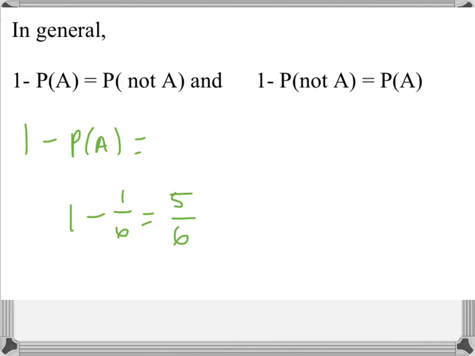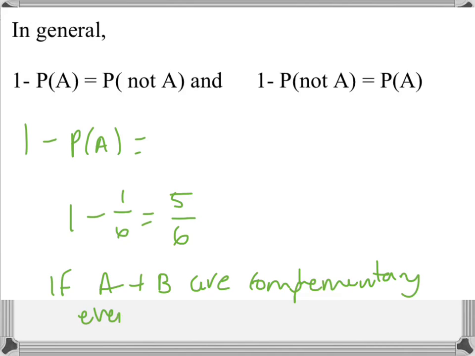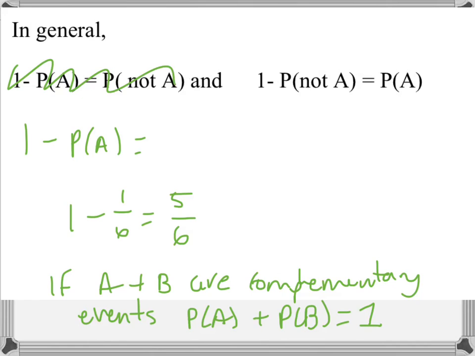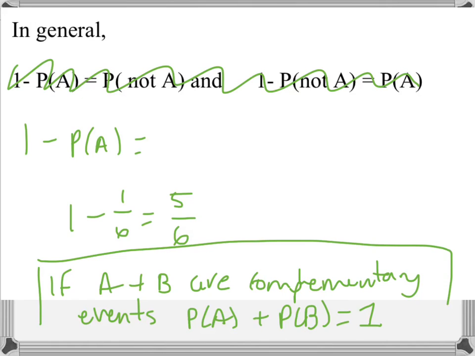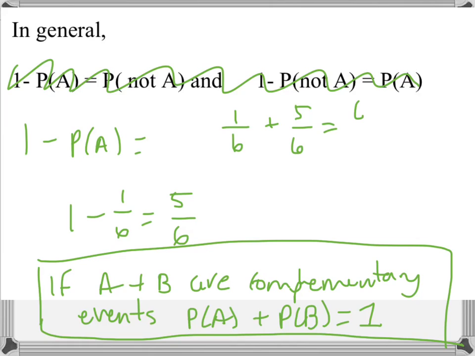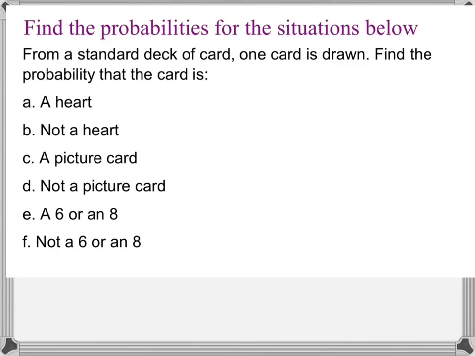Another way of putting this: if A and B are complementary events, then the probability of A plus the probability of B is equal to 1. That's probably a better way of stating it. So the probability of rolling a 4 plus the probability of not rolling a 4 is 6 over 6, which is 1.